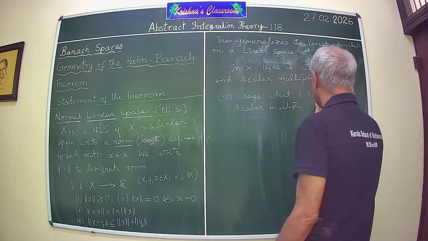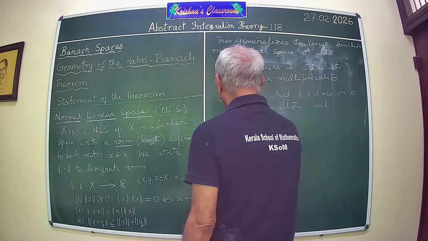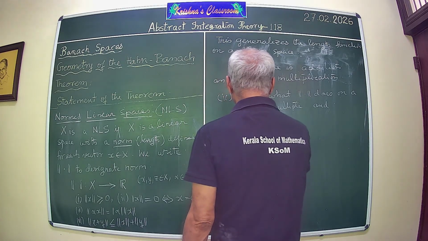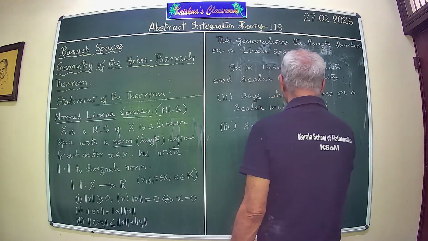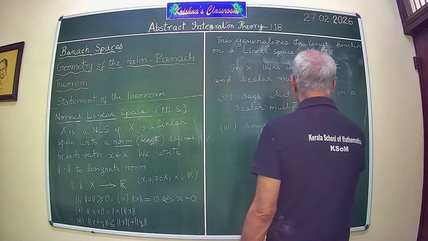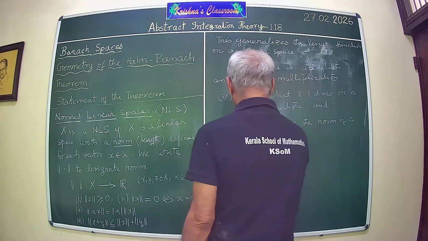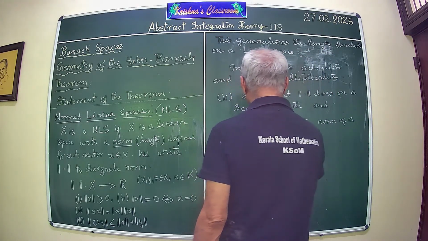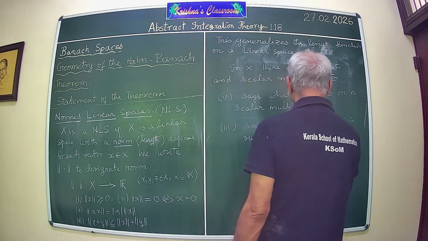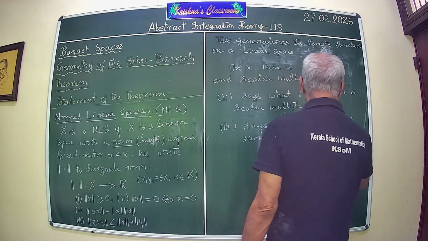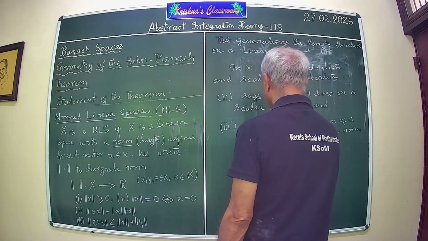And 3 says how the norm of the sum is related to the norm of the constituents.